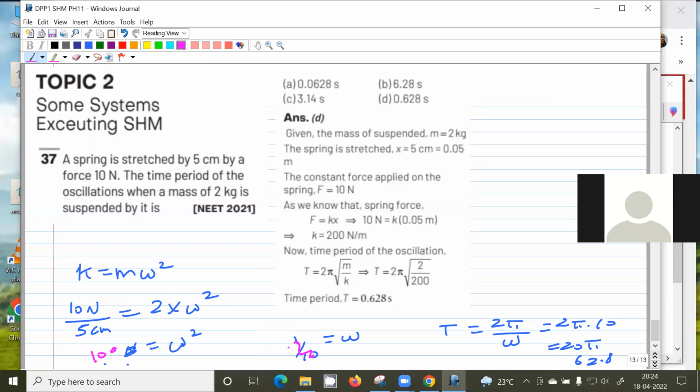So omega is 10. 2 pi by 10 is 6.28 by 10, so it's 0.628. That is option B. Done.